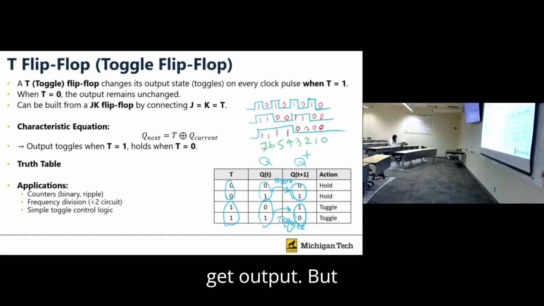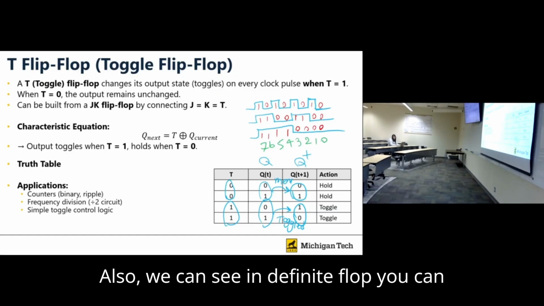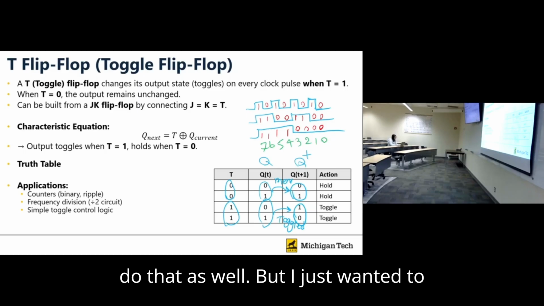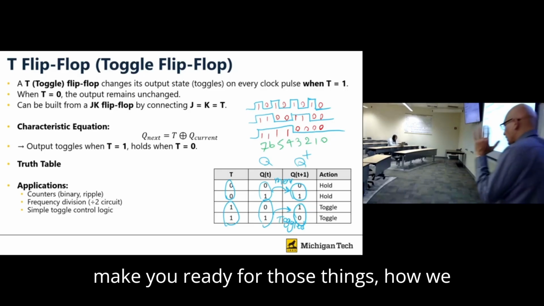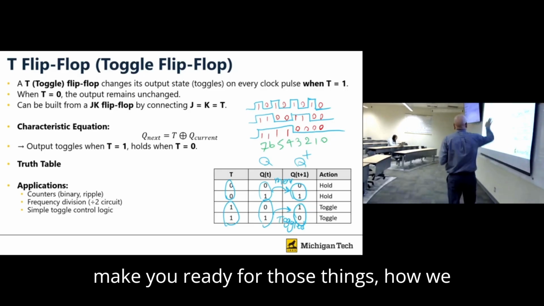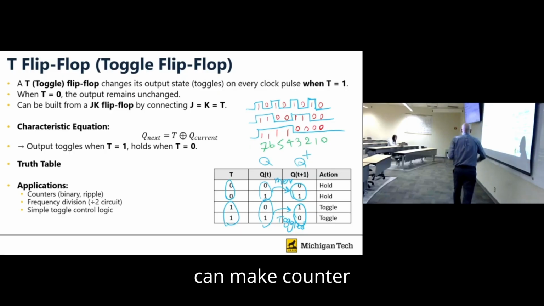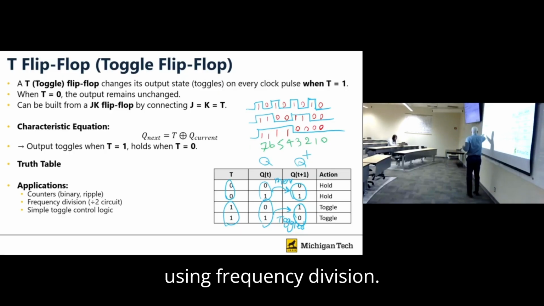And we just take the output. This is another application of the D flip-flop. We can also do that with a D flip-flop, but I just wanted to make you ready for those things, and show how we can make a counter using frequency division.